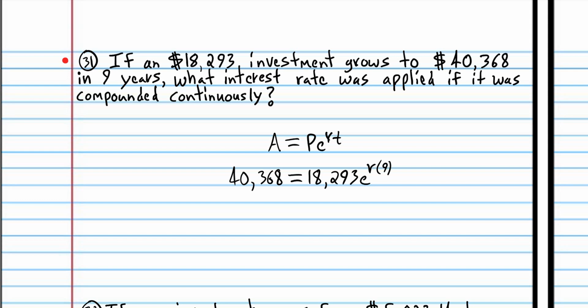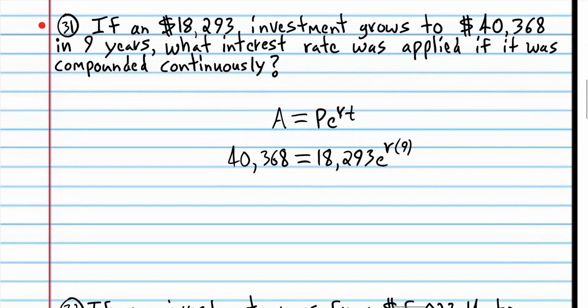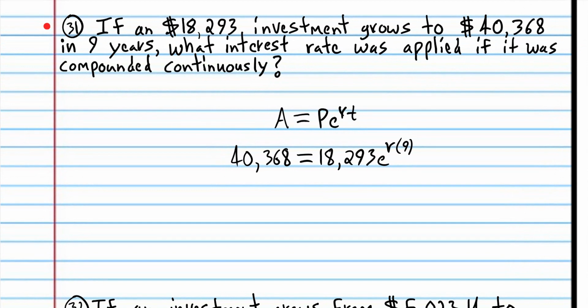So what we're looking for is the interest rate. It says what interest rate was applied. So what we're going to do is solve for the exponential expression, and this is kind of a lot to have to write just to modify one thing, but just so you can be more familiar with this expression, I'm going to change these around.